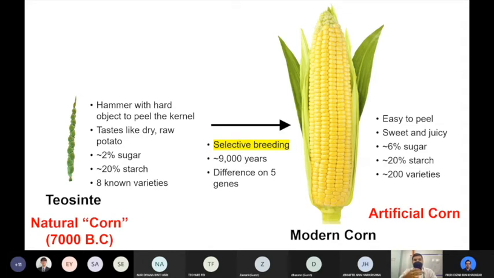It wouldn't appear, or it would take such a long time to appear, by spontaneous mutations or a mix of parental genes. So in nature, it wouldn't appear without human intervention.